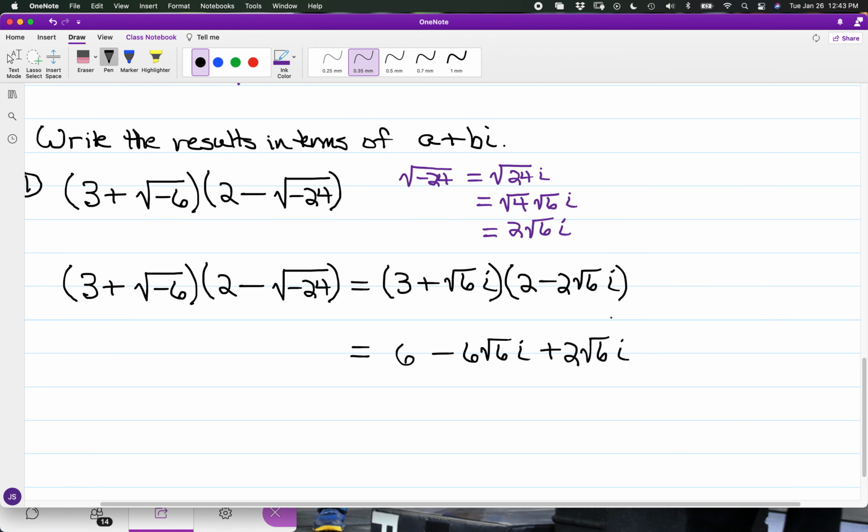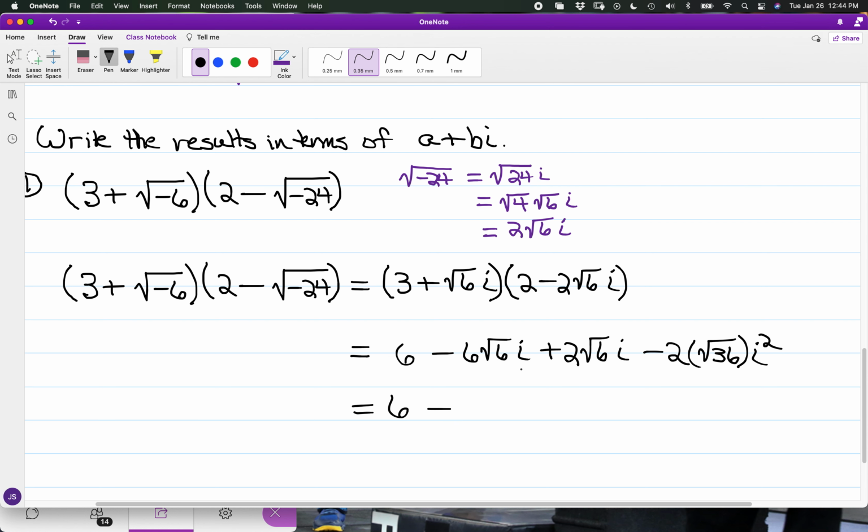Now for the last product, I'm going to do this one gradually. You have -2 times the square root of 6 times the square root of 6, so you have the square root of 36, i times i, which is i squared. So we got 6.